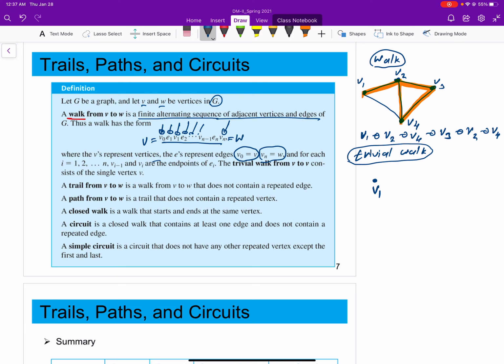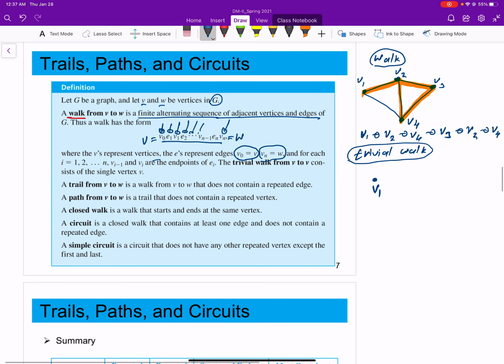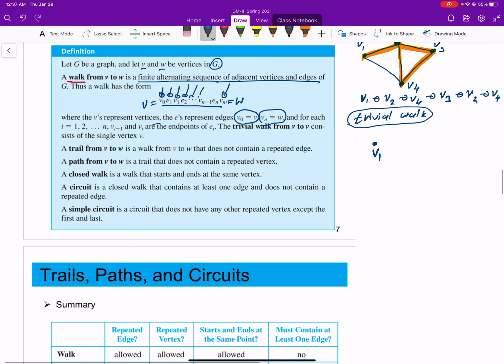That means you don't have any edges. That means you start from this place and just stay in the same place. V1. That's called a trivial walk. The trivial walk consists of a single vertex, and then we're going to learn trail.